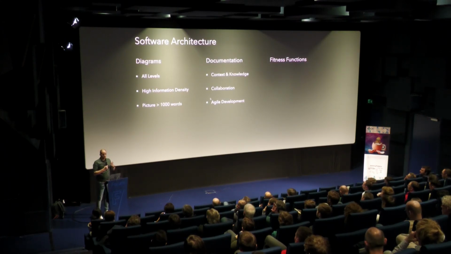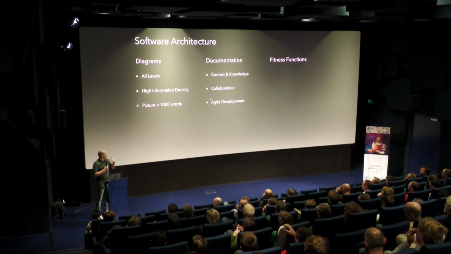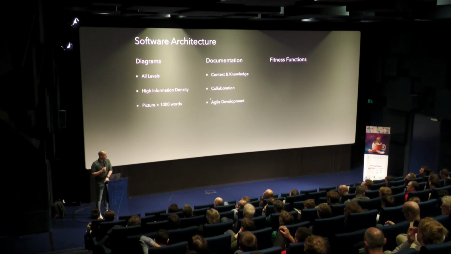For documentation, I like to keep it small, with mainly just the context in which a decision was taken, and make sure everything is in the context that you want to keep at hand.